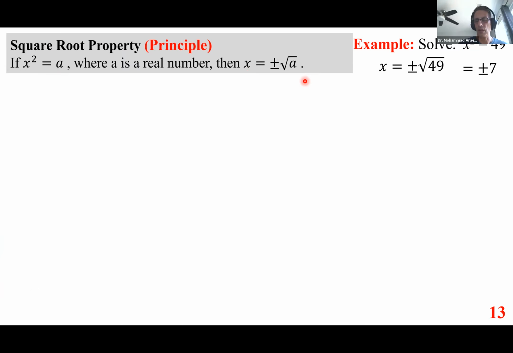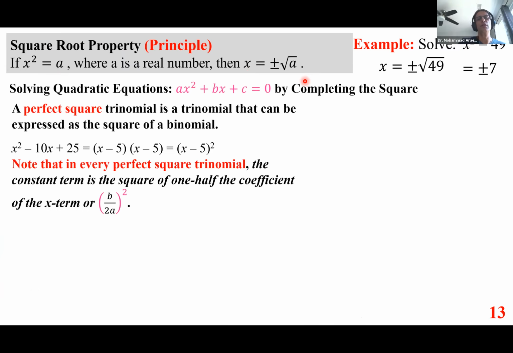If we want to do this by completing the square, we should remember a perfect square trinomial is a trinomial in this form that can be expressed as the square of a binomial. So x squared minus 10x plus 25, for example, is x minus 5 squared.